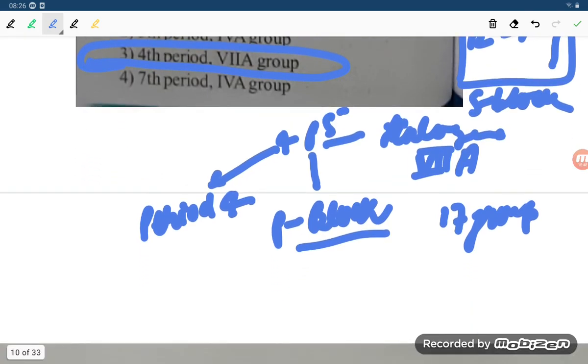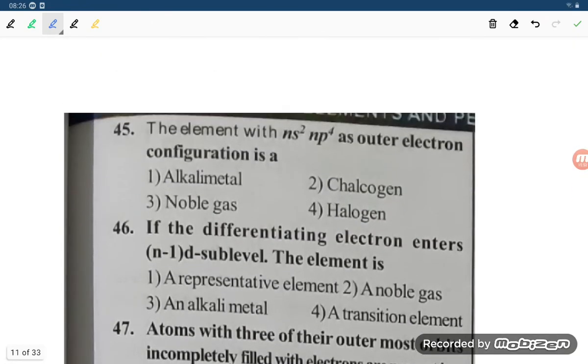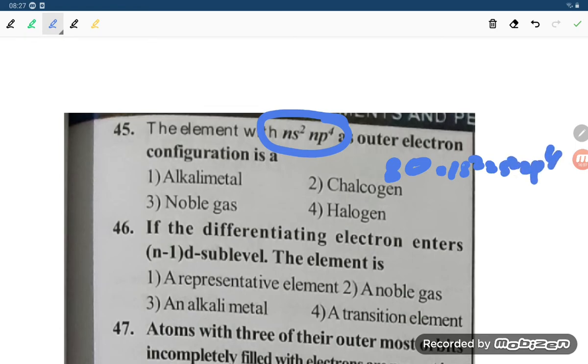Next problem, number 45. The element with ns2 np4 as outer electronic configuration. See oxygen, atomic number 8, so 1s2 2s2 2p4. So this belongs to which family, student?